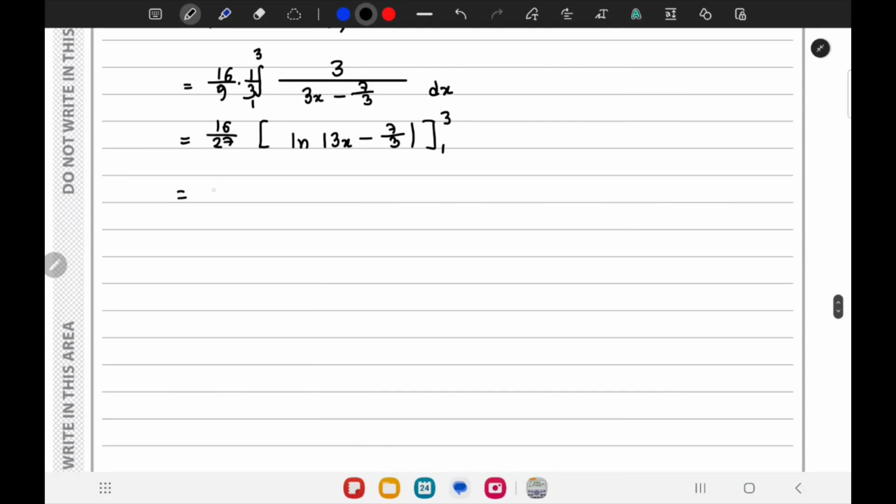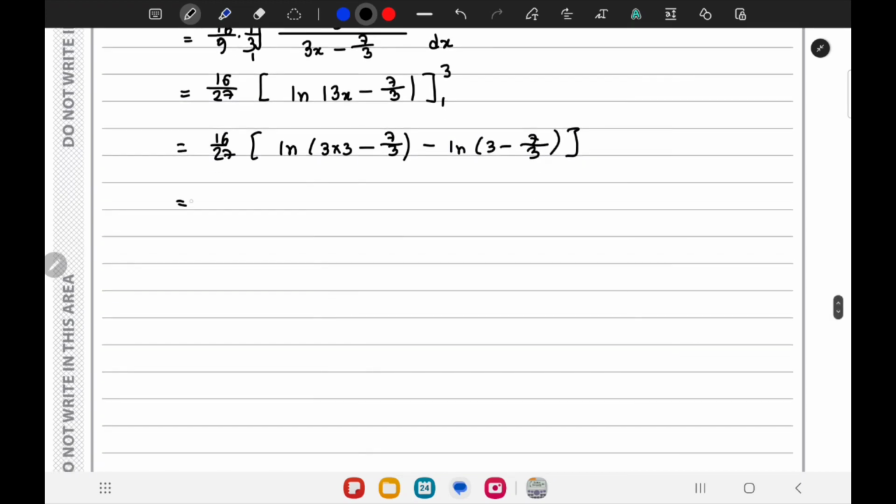So 16 by 27 times ln of 3 into 3 minus 7 by 3, minus ln of 3 minus 7 by 3. So 16 by 27, we have ln 20 by 3 minus ln 2 by 3.